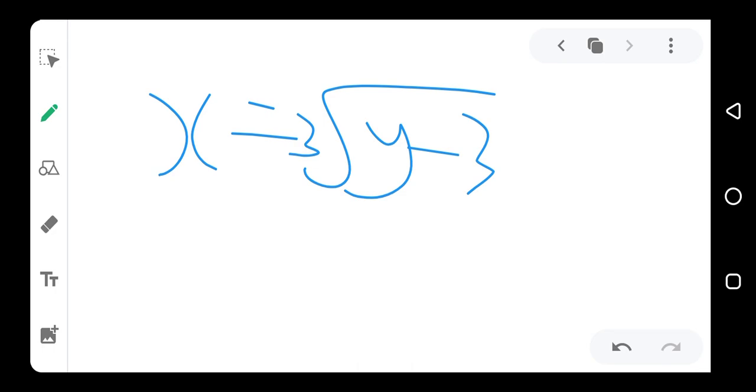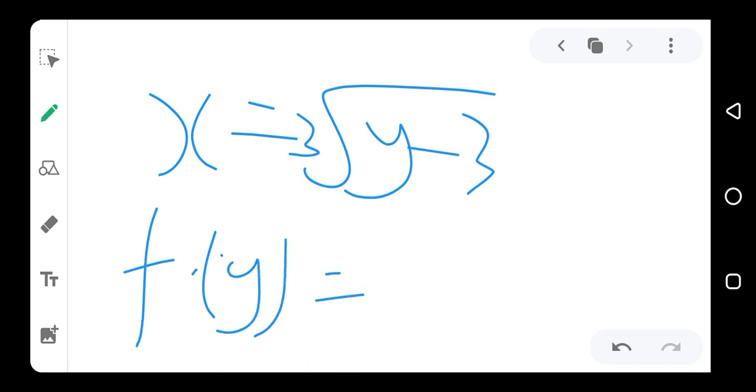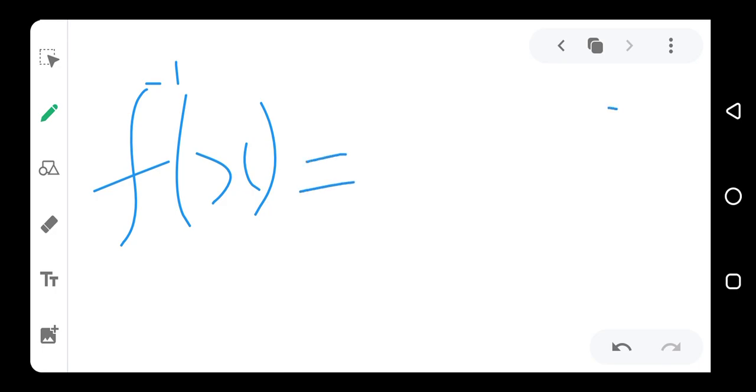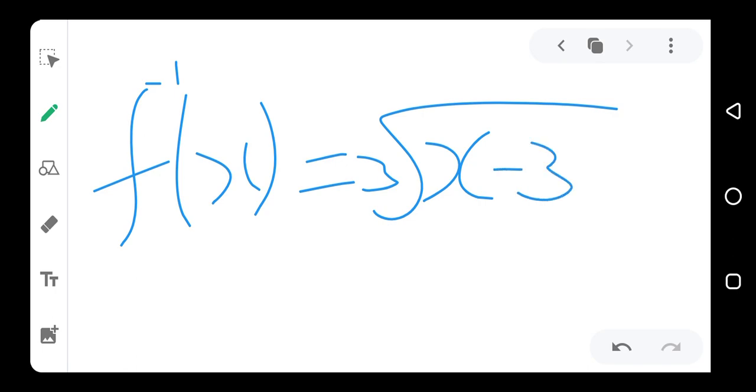So inverse of f of x is going to be, if this one is inverse of f of y, then inverse of f of x is going to be... okay.